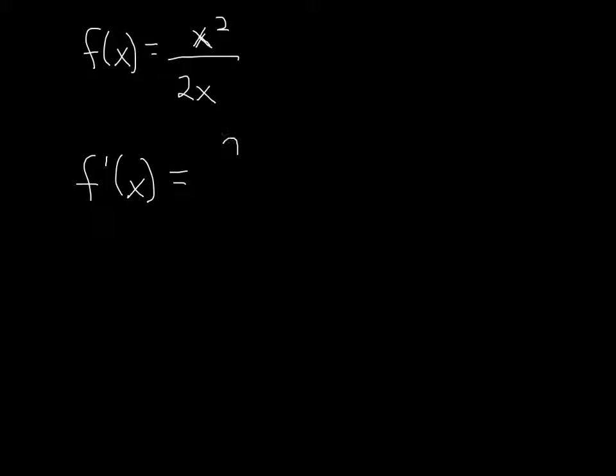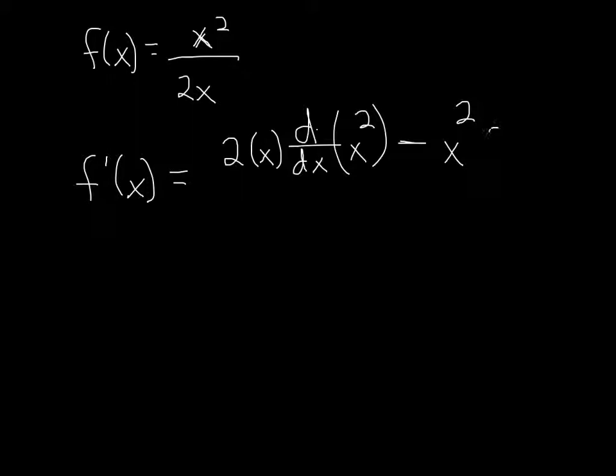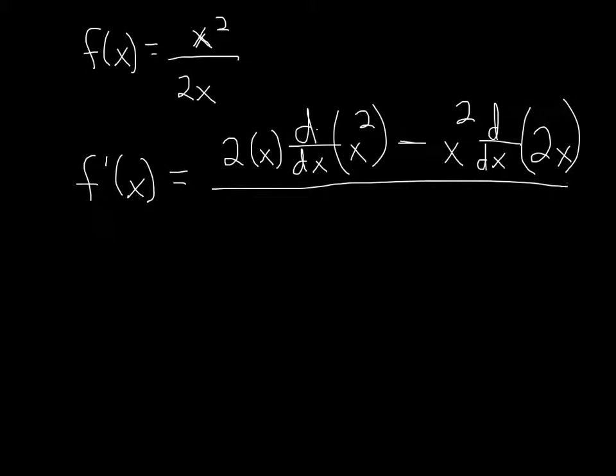Ho is the denominator, which is 2x, times d hi, the derivative with respect to x of x squared, minus hi, the numerator, which is x squared, times the derivative of the denominator, 2x, all divided by ho, 2x squared.